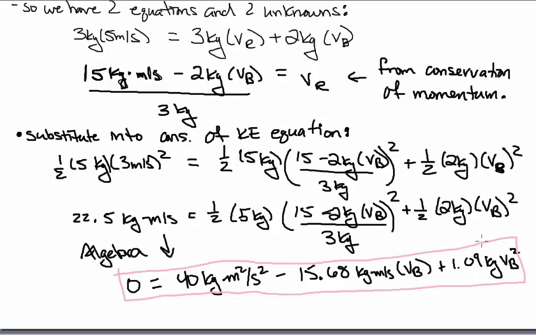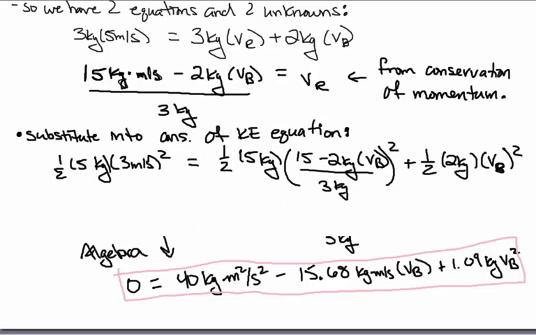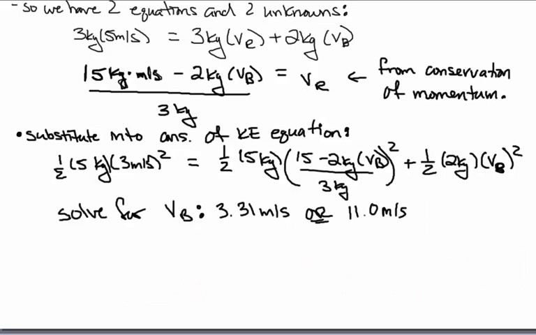It's a quadratic, so I can use the solver on my calculator and solve for the velocity of the blue ball. Doing that, I'll solve for VB, and I'm going to get two numbers: 3.31 meters per second, and also 11 meters per second. So I have two possibilities for the velocity of the blue ball.